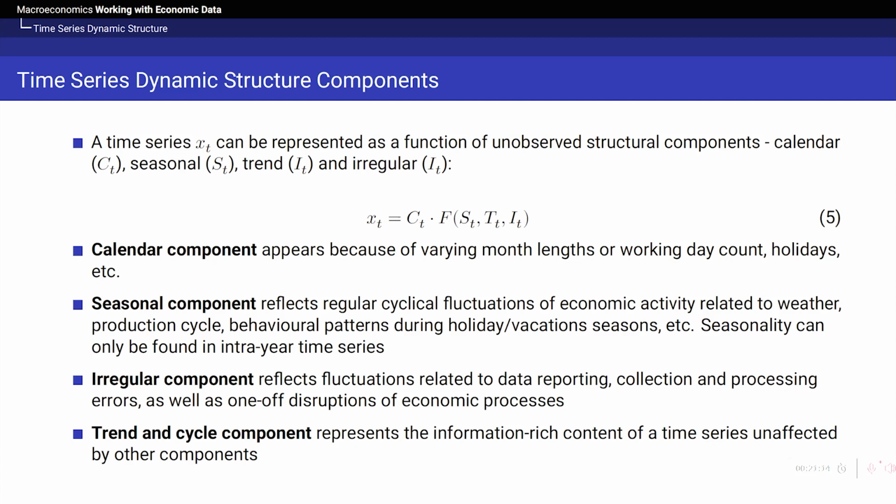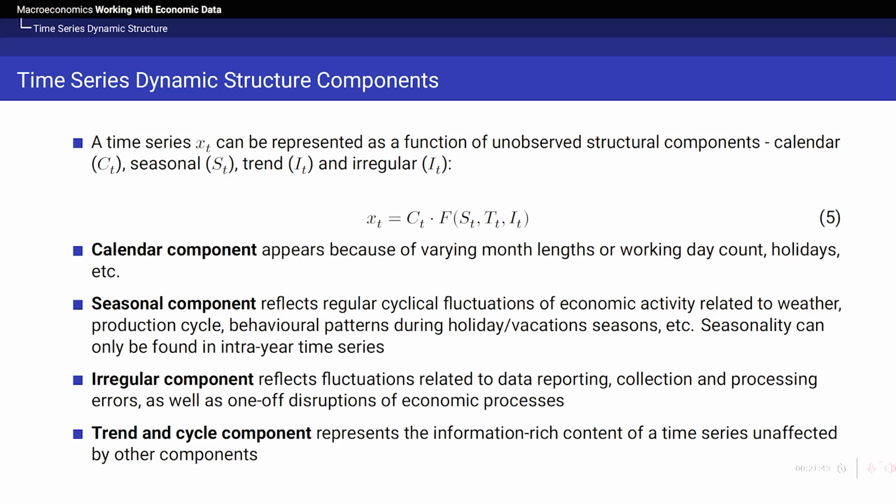To answer these questions, economists try to decompose the observed time series into several structural components. The calendar component reflects the variation in economic activity related to different number of working days, holidays, etc. The seasonal component describes regular variations related to weather, consumer habits, and the production cycle that happen within 1 year.